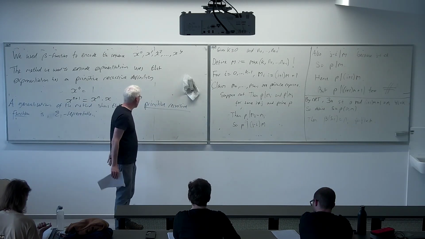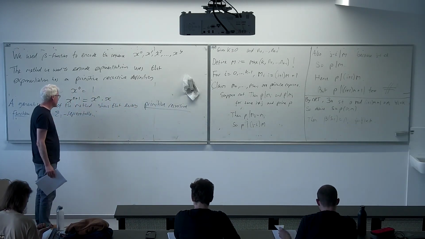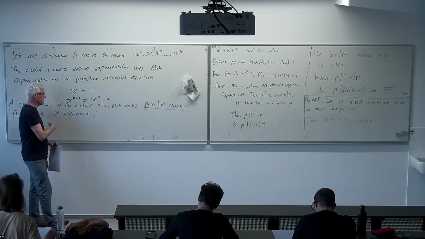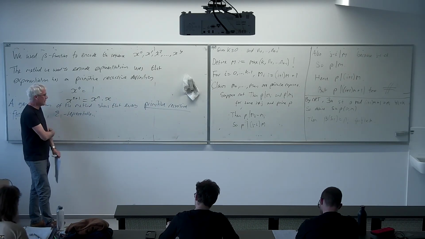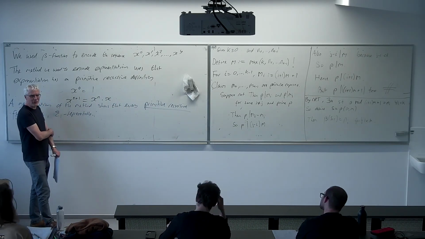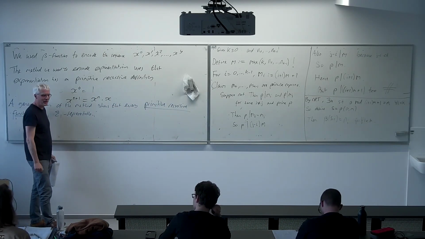So I no longer do that. But in any case, we will see later what primitive recursive functions are, and you should be able to, if you want, work out for yourselves how to extend the method, and you can think about doing that for yourselves.